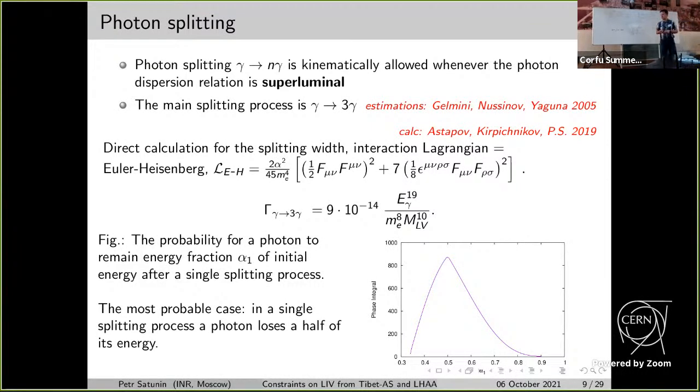So the important thing is not only the width, but also the energy loss. And this is the profile for energy losses. You can see that the most probable case is when the photon loses half of its energy. So this splitting process is an effective process to eliminate some high energy photons from the gamma ray spectra.